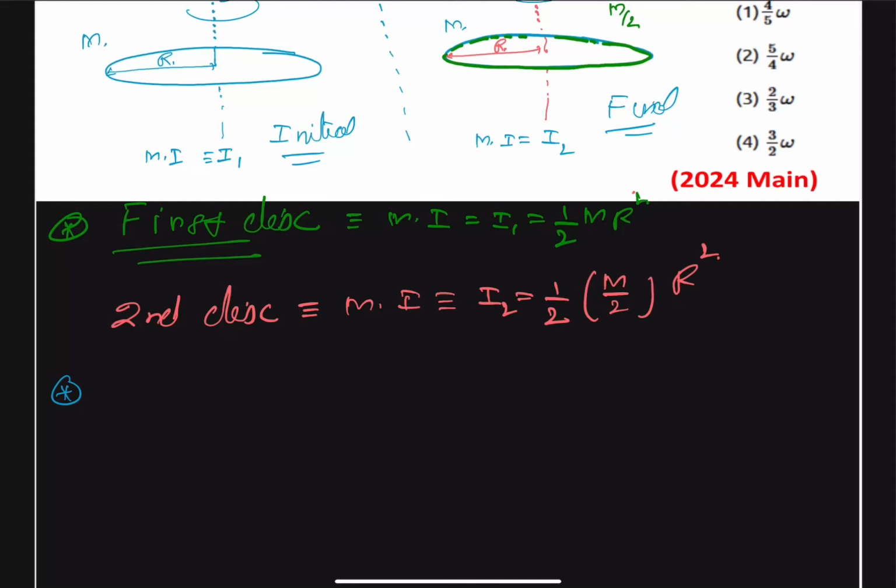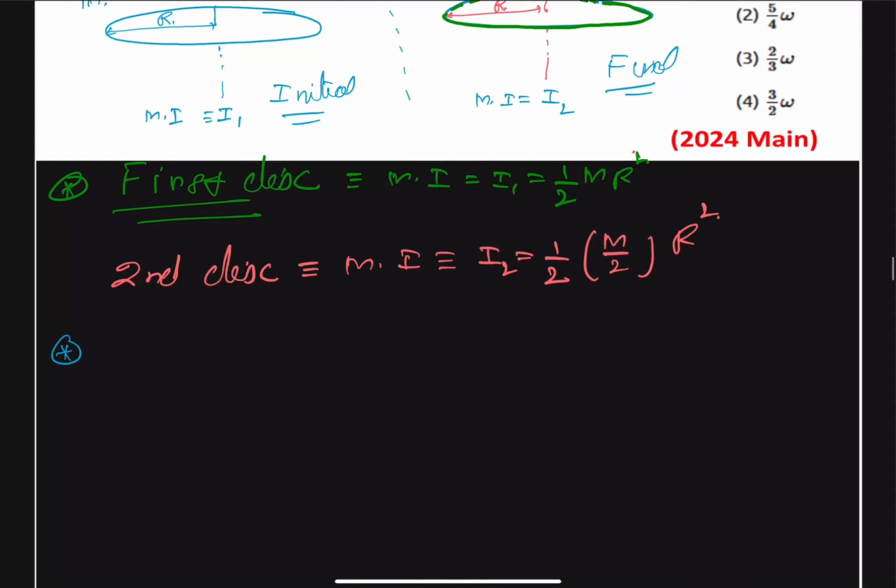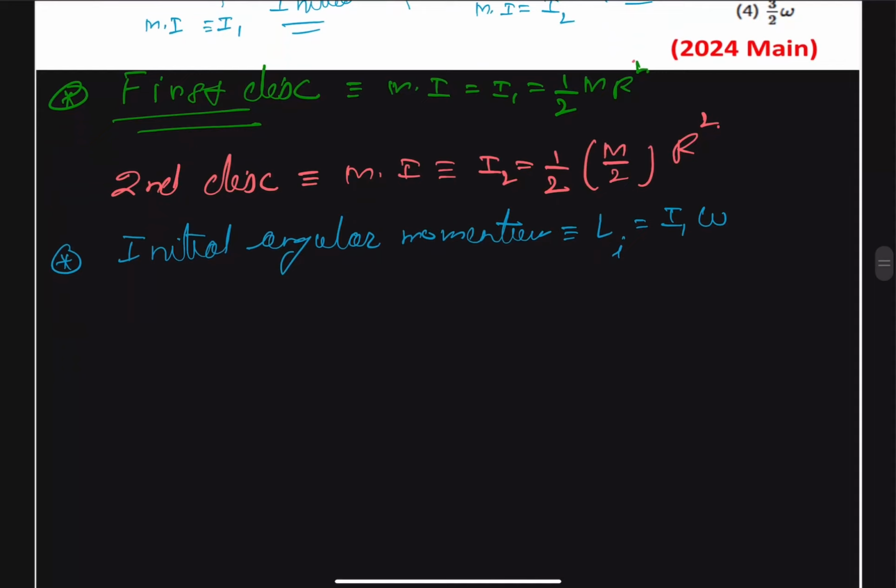So the initial angular momentum, let us call this Li, will be equal to I1 omega, and I1 we already know is half m r square. So this comes as half m r square times omega.